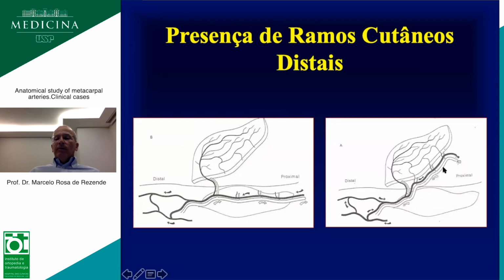But if we do a ligature of the proximal metacarpal artery, we call this flap retrograde, based not only on the distal cutaneous branch, but also on the small branches coming along the flap.